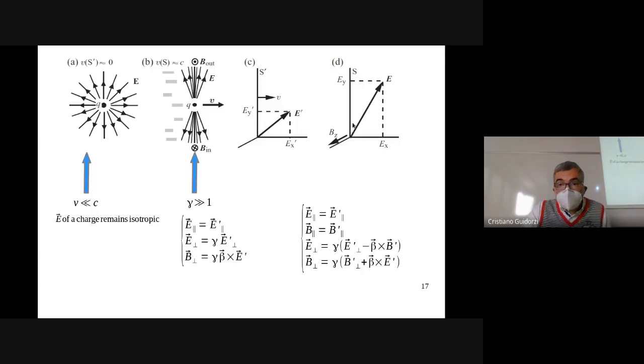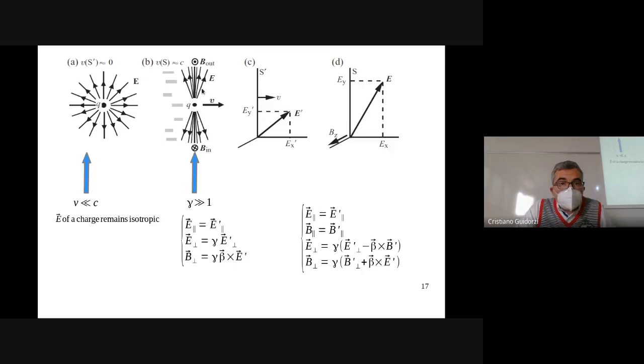So the result is that the electric field is pointing more towards a perpendicular direction because you gain much more in a perpendicular direction with respect to the line of motion. So looking at panel B, that's the field lines of the electric field in the lab frame. You see that you gained a lot in the perpendicular direction, while you didn't gain anything in the parallel.